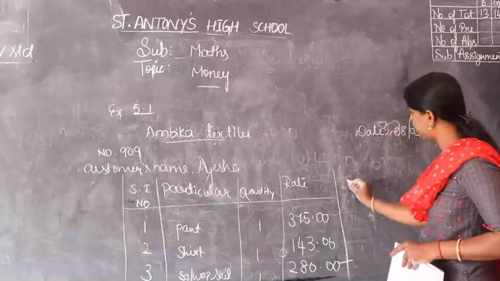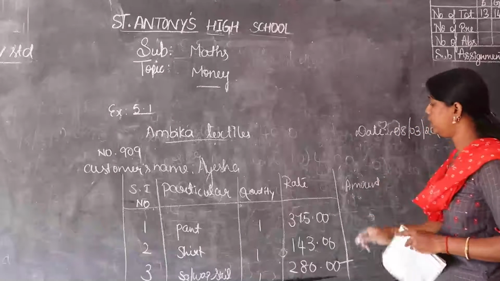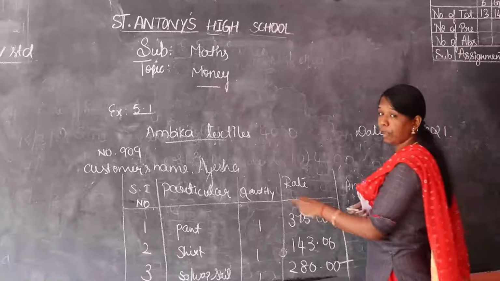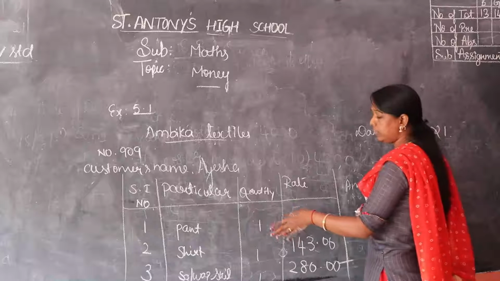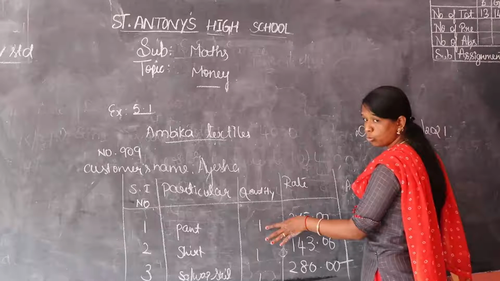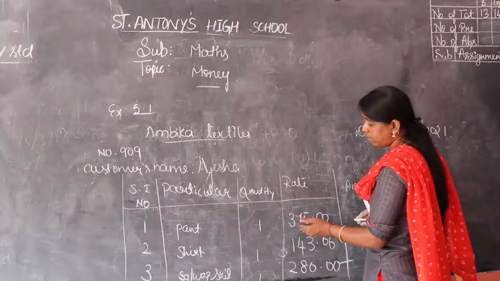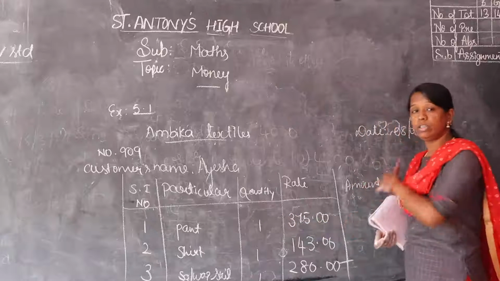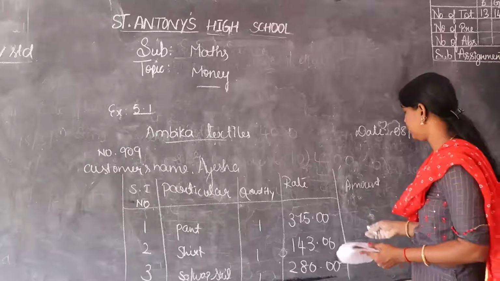In the next column, write down the amount. Here we have to multiply by the quantity. 375, if the quantity 2 is there, multiply 375 into 2, we get the amount for 2 pants.